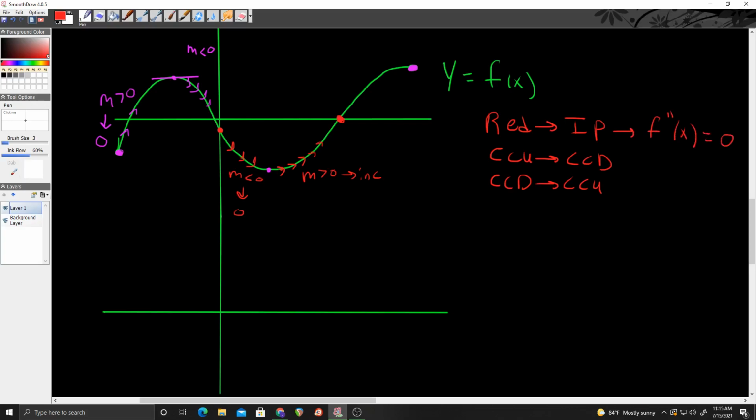So we are extracting information about the first derivative, and also about the second derivative, just by looking at the shape of f of x here.